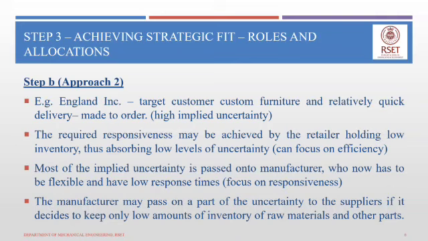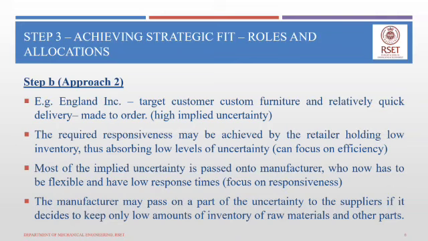Inkland Incorporated is a furniture manufacturer based in the US, and their competitive strategy is quite different from IKEA. IKEA targeted customers with low variety, stylish furniture requirements at reasonable cost. Here, they are targeting customers who want custom furniture, but where they want it with relatively quick delivery as well.